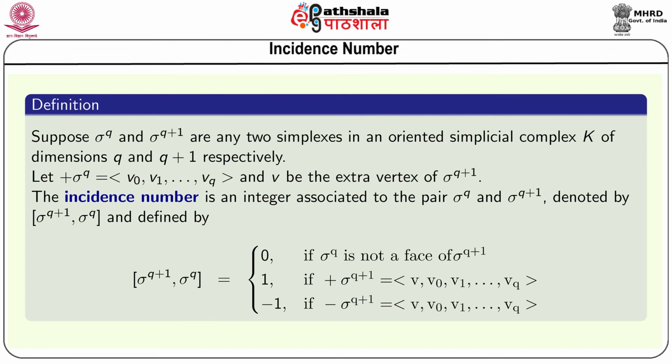Sigma q plus 1, sigma q, this incidence number will be 0 if sigma q is not a face of sigma q plus 1.